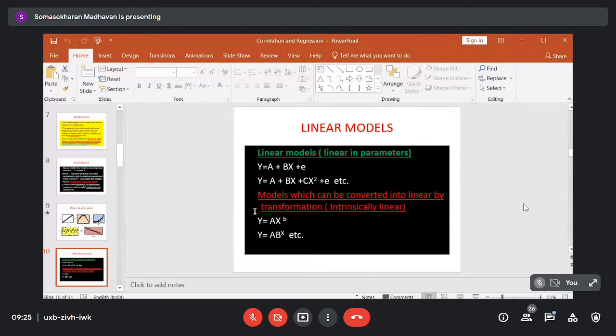For example, y equal to a plus bx plus e is obviously a linear relationship. But the quadratic relation y equal to a plus bx plus cx square plus e is also considered as a linear relationship, because the second one is linear in parameters.